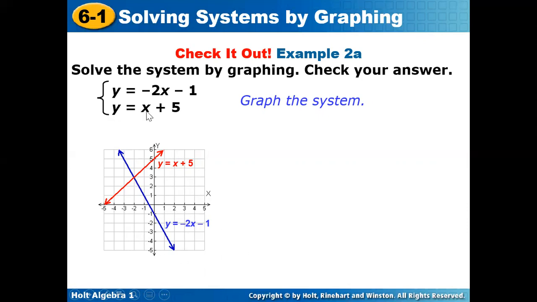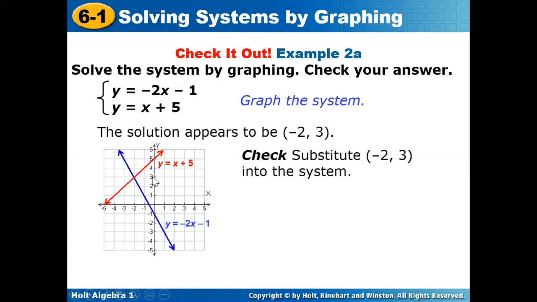Here we have y equals x plus 5, so our y-intercept is positive 5, and our slope is either positive 1 over positive 1 or negative 1 over negative 1. So you can go down and to the left, down and to the left, and then draw in this line, and you see that these two graphs intersect at negative 2, positive 3, and that is your answer.